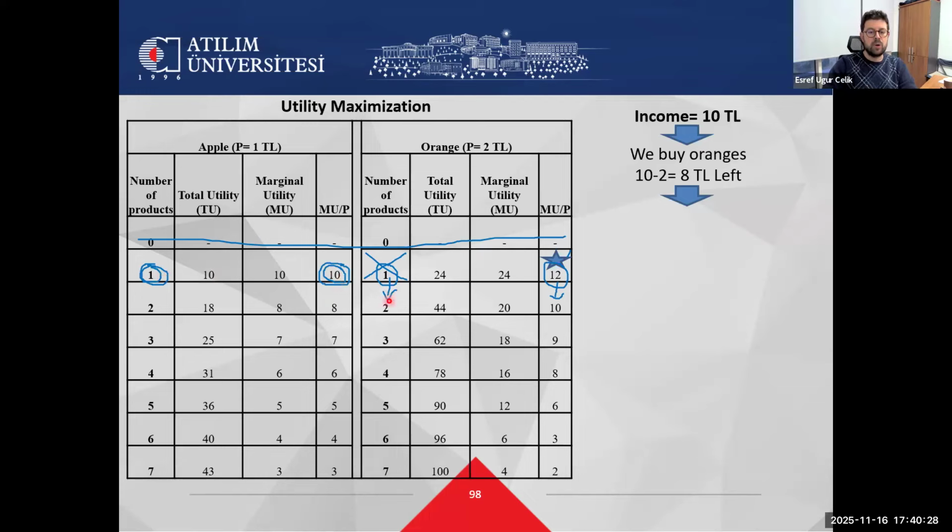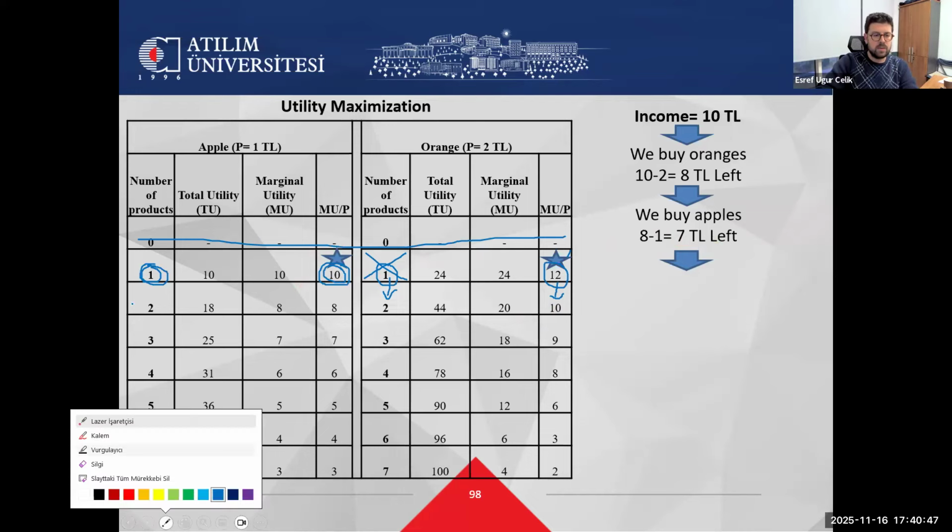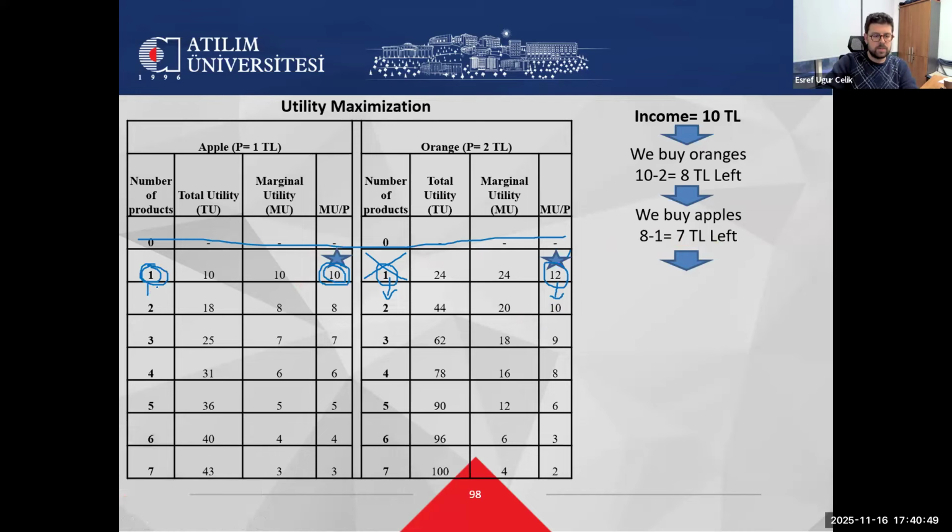For getting 1 more orange, we get 10. Which one is cheaper? This time apple, the same number, so we get the cheaper one, apple. We pay 1, so 7 Turkish lira left. So we can move down for the apple also.